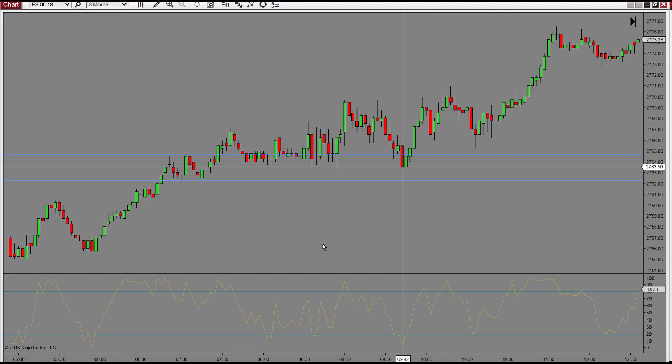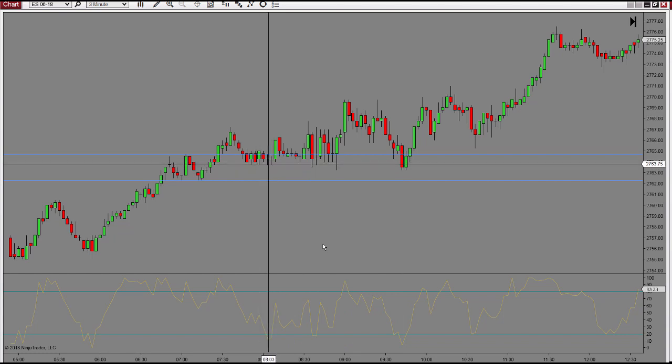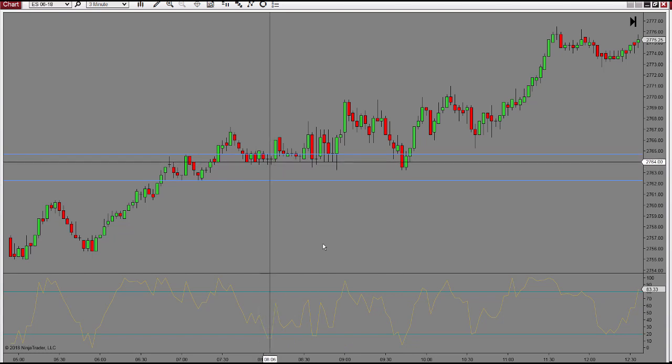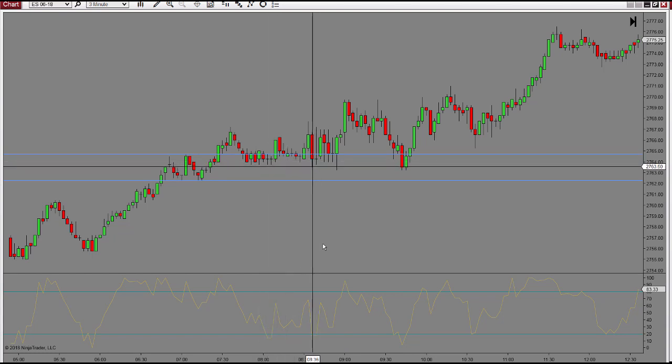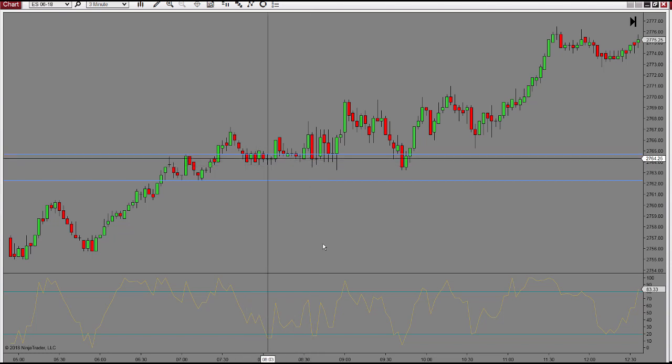So how would I trade this? Well, we all have different trading styles. One thing that I like to do is kind of nibble a little bit. So I want to risk a little to make a lot. And so in this case, I would have taken a trade right here. I would have been stopped out right here. Wait, actually that may not be true.